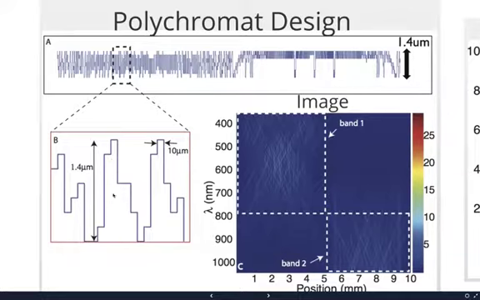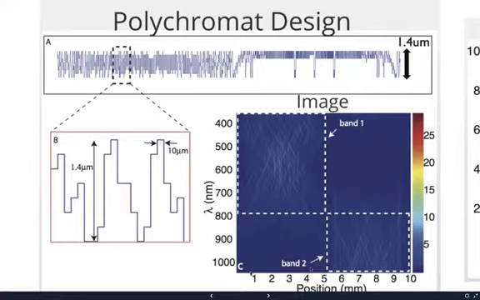It's about 10 microns in width and about 1.4 microns in depth. When light is incident, it acts like a very special diffraction grating that takes the blue portion of the light, 400 to about 800 nanometers, and puts it on the left-hand side of the image. And it takes the red portion of the light, 800 to 1000 nanometers, and puts it on the right-hand side of the image.